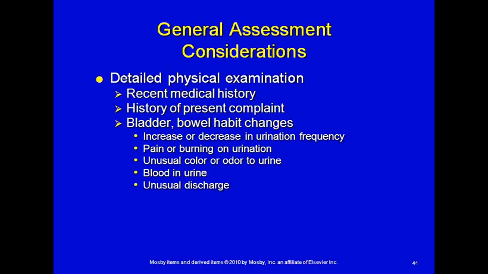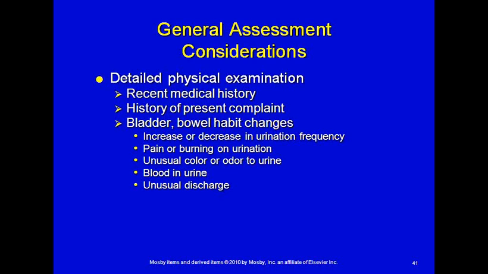As far as your general assessment goes for renal and genitourinary issues, during your detailed physical exam, you want to get a recent medical history or a SAMPLE history, history of the patient's chief complaint, and you want to look into if their chief complaint involves anything with not being able to urinate, a change in bowel or bladder control, or bowel and bladder habits.